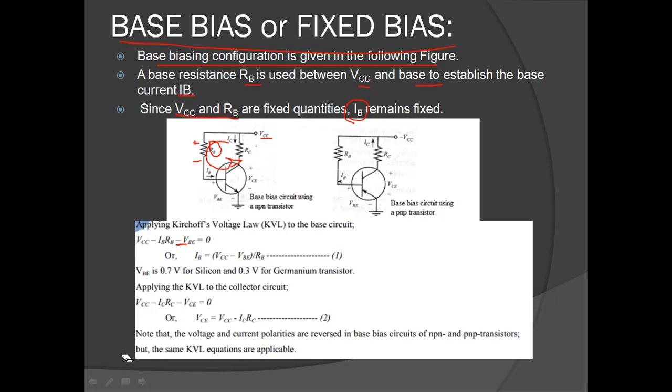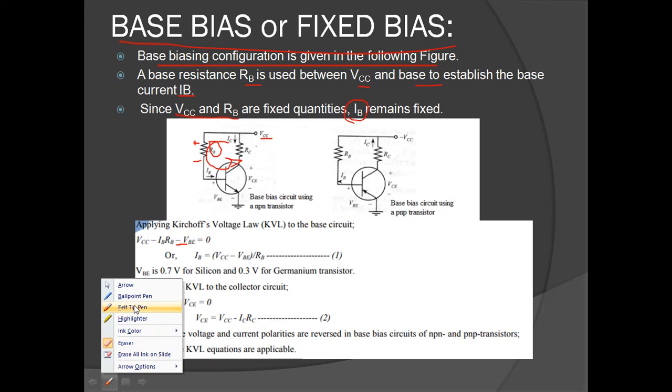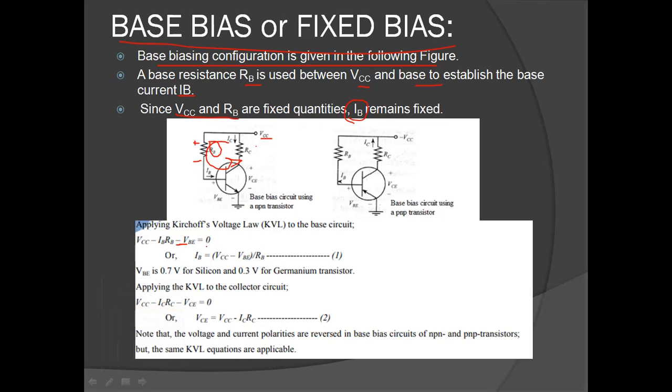KVL states that the sum of voltages and the potential drops, or the product of current and resistor, is equal to 0. So that is equal to 0, or you can also rearrange this as IB is equal to VCC minus VBE divided by RB. Considering this as equation number 1, applying KVL to the collector circuit.